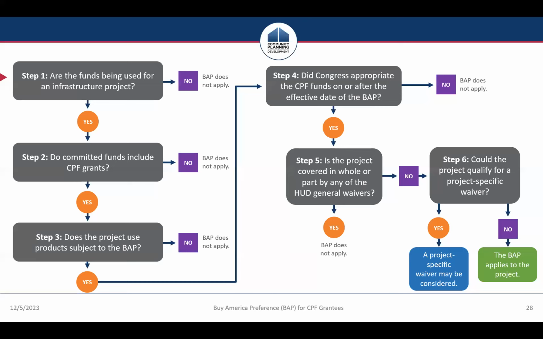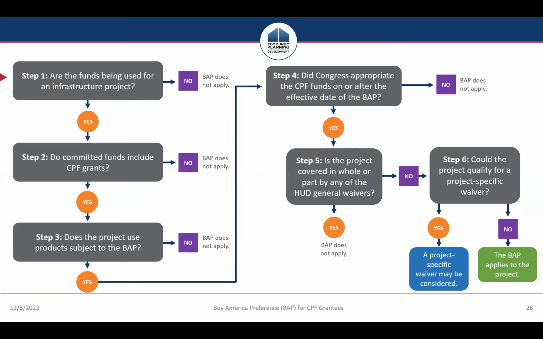and this is where we ended up in a BAP does not apply category. So number 1, are the funds being used for an infrastructure project? Are you working in a building or real property with conducting alteration, rehab, construction, maintenance? 2, do the committed funds include CPF grants? 3, does the project use products that are subject to the BAP?